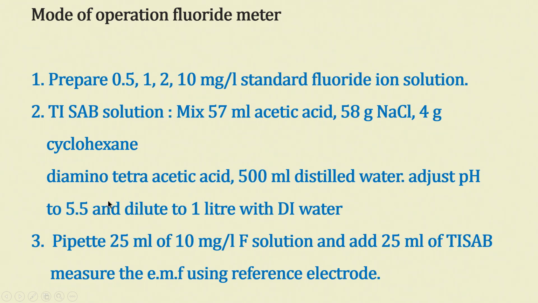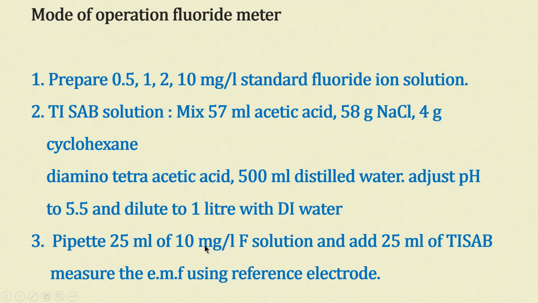You have to adjust the pH to 5.5 and dilute to 1 liter with deionized water. We do not want any ionic strength to be changed whenever we prepare such samples. So, we use only DI water for dilutions.